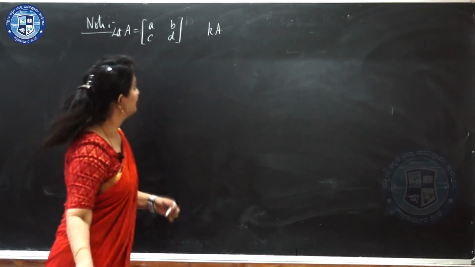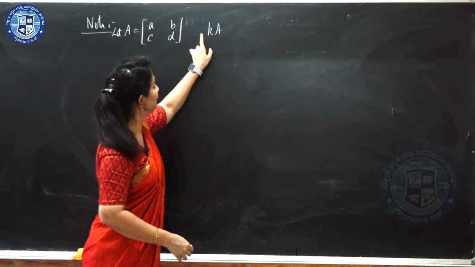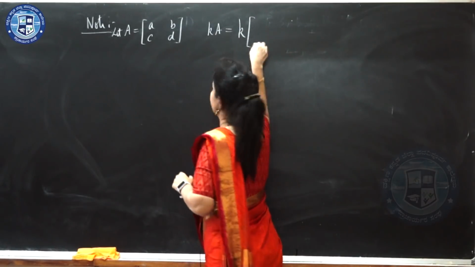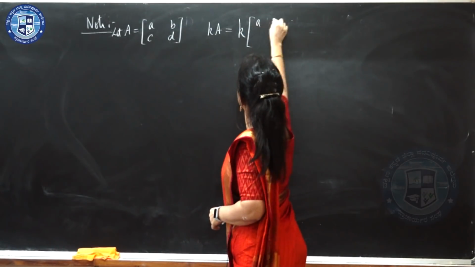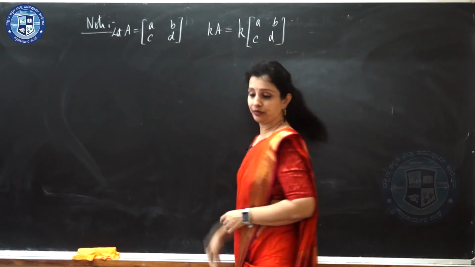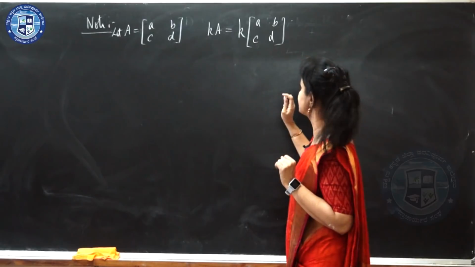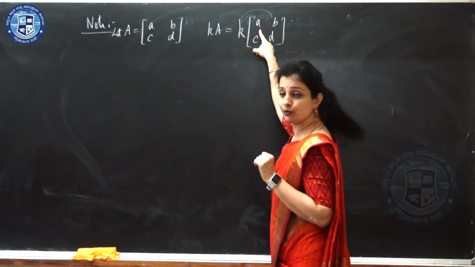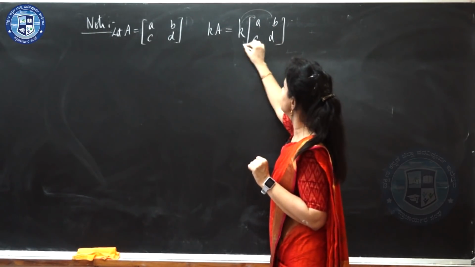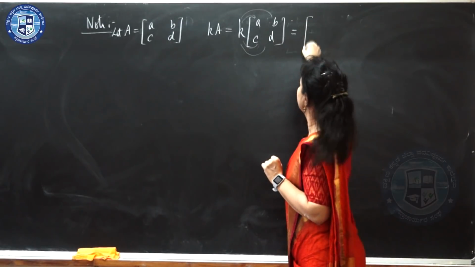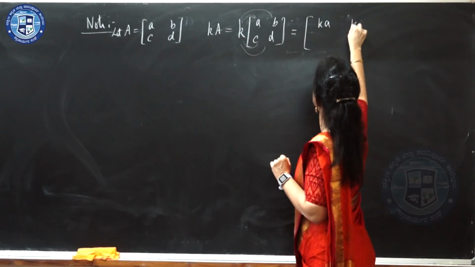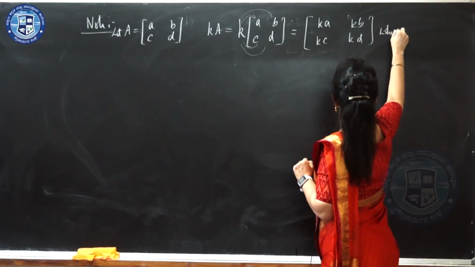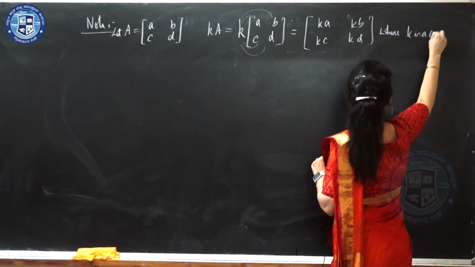If a constant K is multiplied to any matrix, K into A, we know A, B, C, D. If any constant is multiplied to a matrix, then each element should be multiplied by that K. So K is multiplied to A, K into B, K into C, K into D. So this will be K into A, K into B, K into C, K into D, where K is a constant.